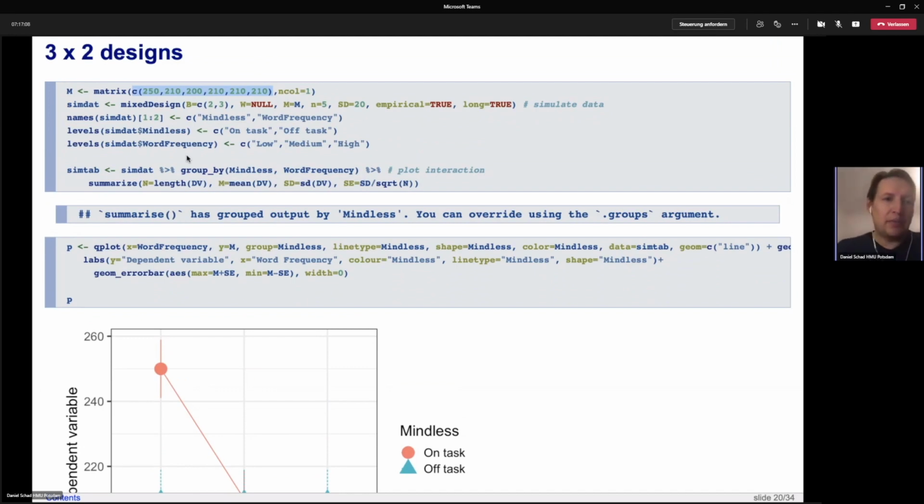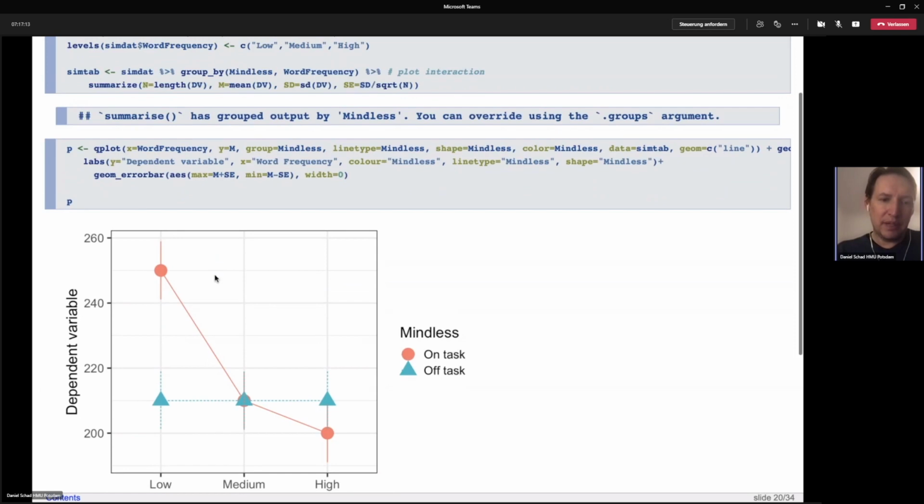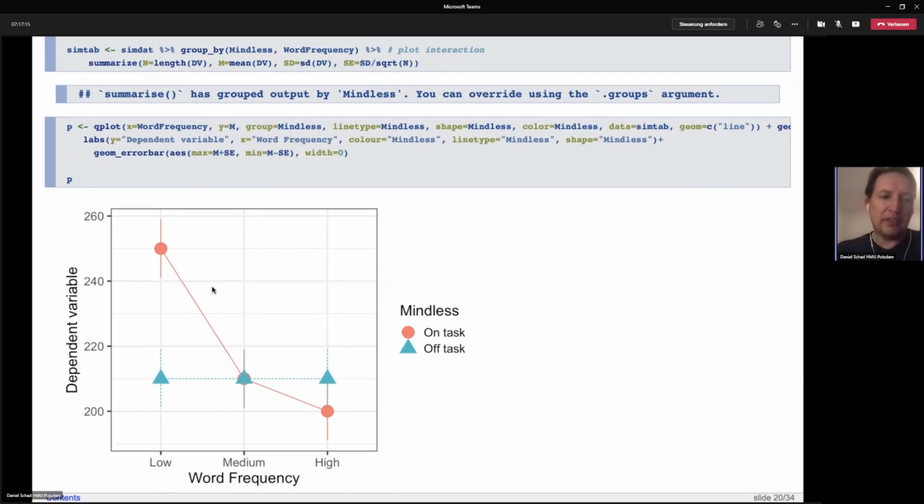So this is an example from my PhD, from a dissertation. I said in the beginning that I studied mindless reading, so whether people pay attention to the text when they read. And the one general finding is that if you pay attention, so you're on task, that's the red dots here, then there's an influence of word frequency.